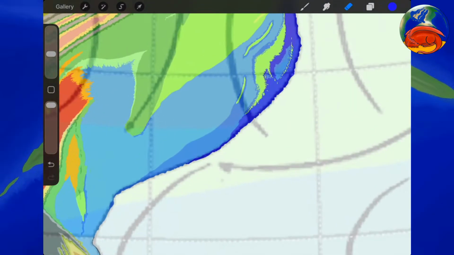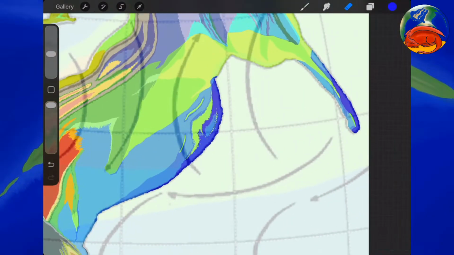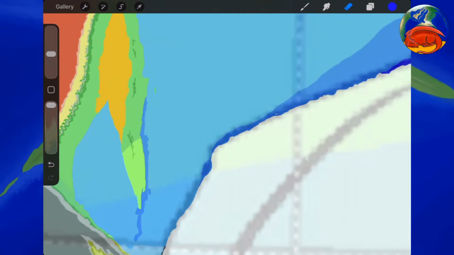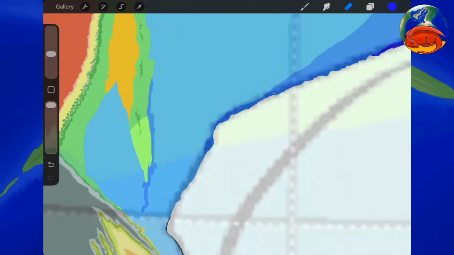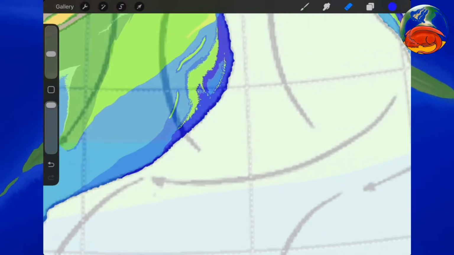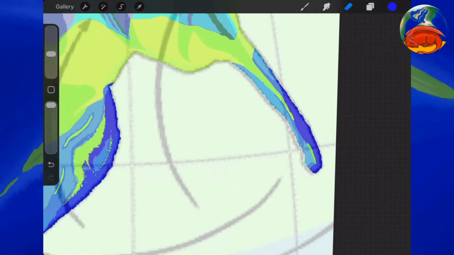Okay, so that coast is more or less done. What are we going to do? I'm going to take a quick break, and then I am going to finalize this area here, that bit there, and I guess we'll work on here a bit.